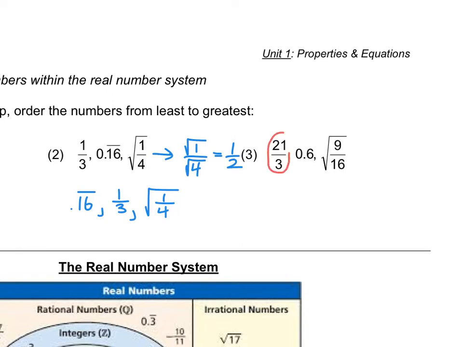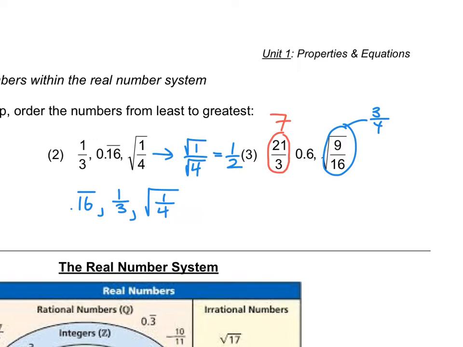So this guy here, it looks like a fraction, but it's 21/3. It's 7. The square root of 9/16 would be what? 3/4.